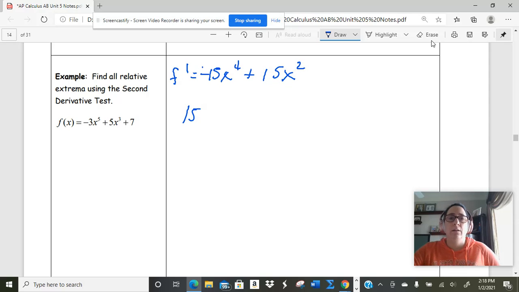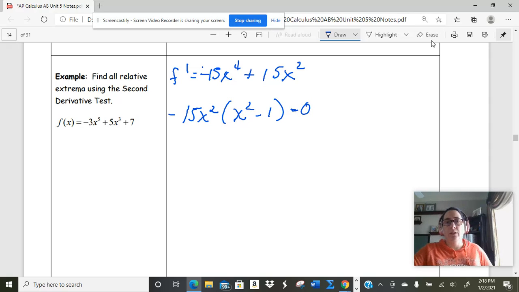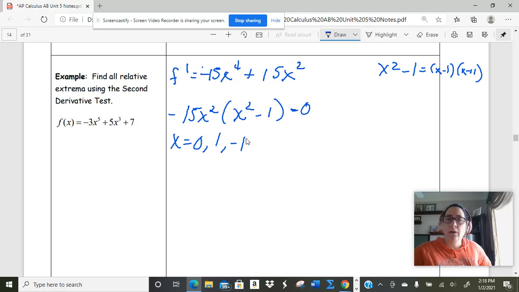All right. So negative 15, I can take out an x squared. So x squared minus 1. I want to know my critical numbers. Those would be at 0 and 1. And, sorry, I can factor that more. Negative 1. Remember? All right.